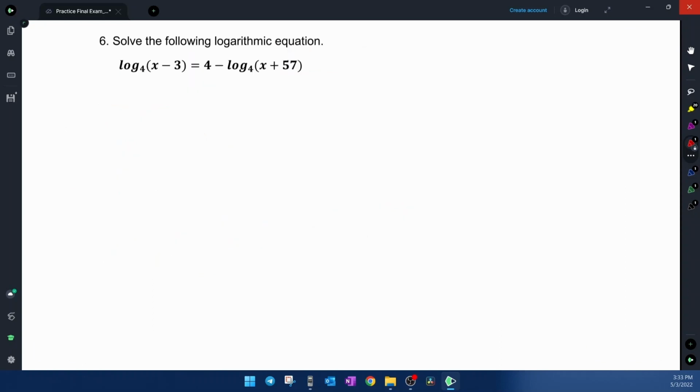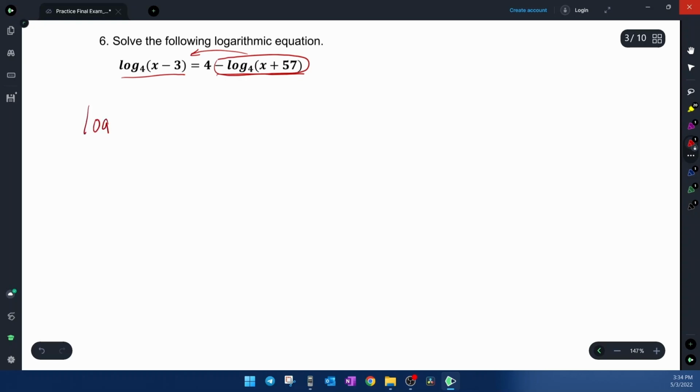Question number 6, solve the following logarithmic equation. Here I see that I have 2 terms that have log, and so what I need to do first is get them on the same side so that I can use the properties of logarithms in order to combine them. Now this log is negative, so bringing it over makes it a plus.